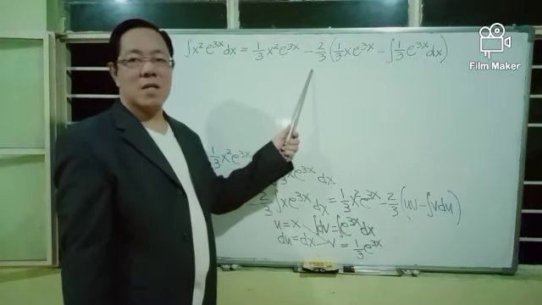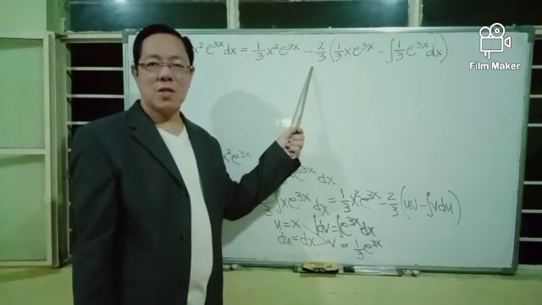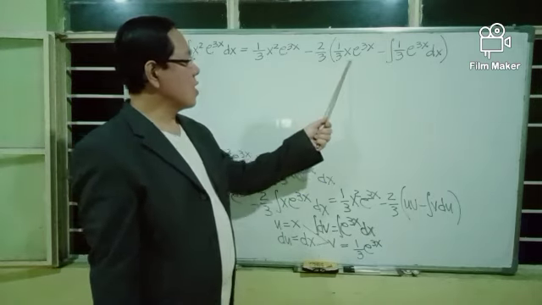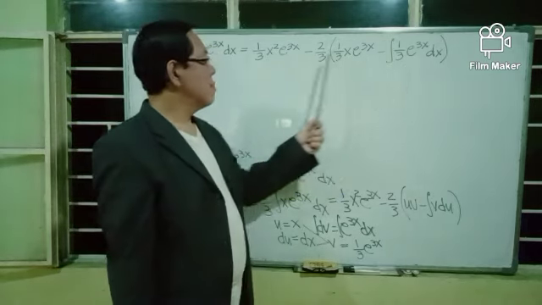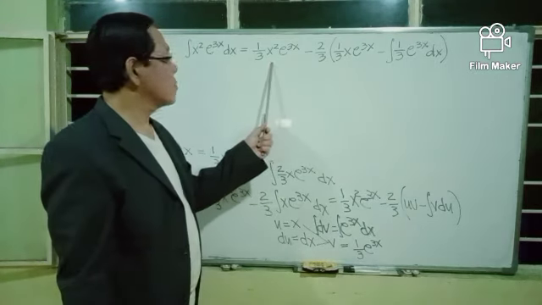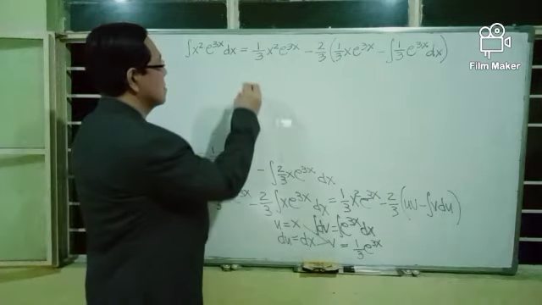And we apply the distributive property of multiplication over addition or subtraction. We multiply each term by negative 2/3. The first term is as is 1/3 x squared.